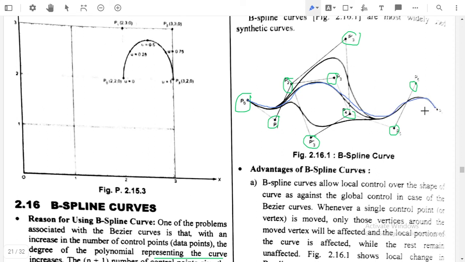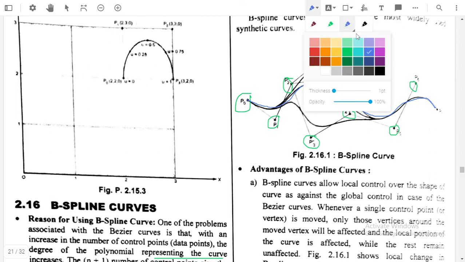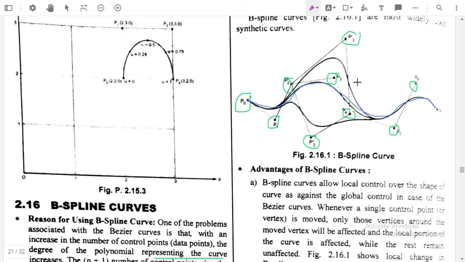This blue line represents the shape of the curve when the curve has the data points P0, P1, P2, P3, P4, P5, P6. If we change the position of the point P3 from P3 to P3 dash, then the shape of the curve will change.